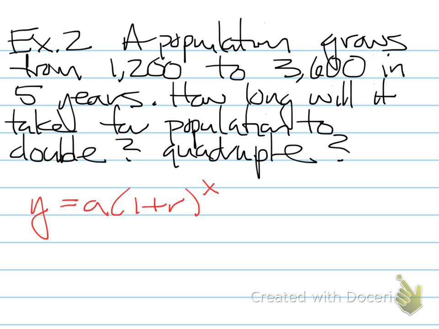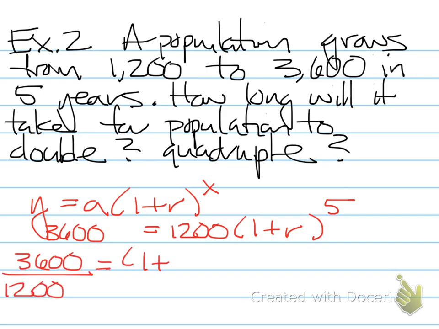So we use the same formula, that exponential growth formula. We start off with 1,200, so A is 1,200, and we end up at 3,600, so Y is 3,600. X is 5, because it takes 5 years to go from 1,200 to 3,600, and we're trying to calculate the rate. So we divide both sides by 1,200.